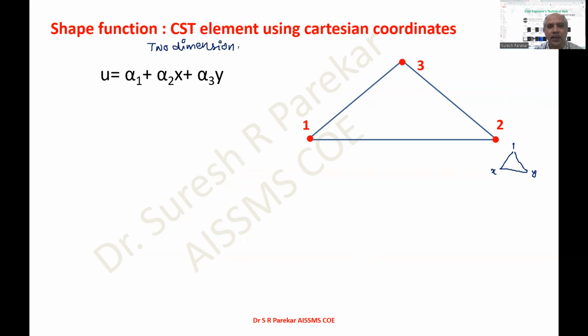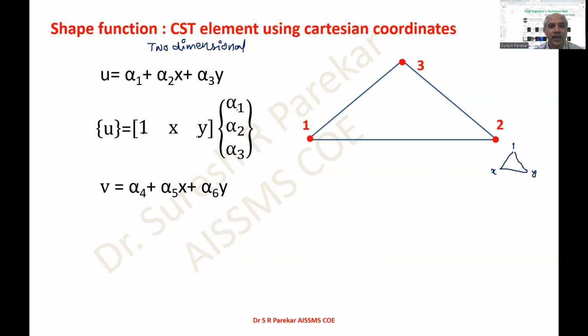So it is two-dimensional. Similarly we can have v also, that is displacement in y direction. Now we can write this in matrix form. u is equal to 1 x y times alpha 1, alpha 2, alpha 3.